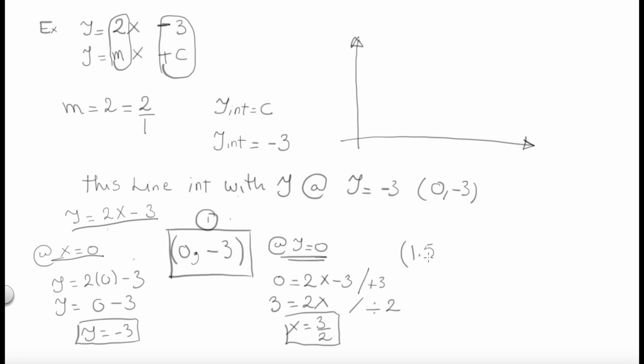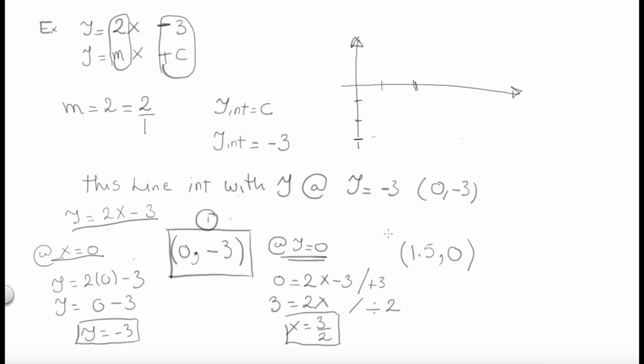So 1.5 and 0. If we modify our coordinate a bit and begin to draw this line a bit up, if we erase it, we could draw the line like this. If this is 1, 2, and this is minus 1, minus 2, minus 3.